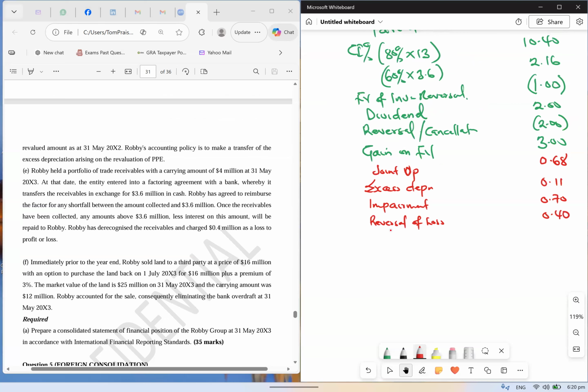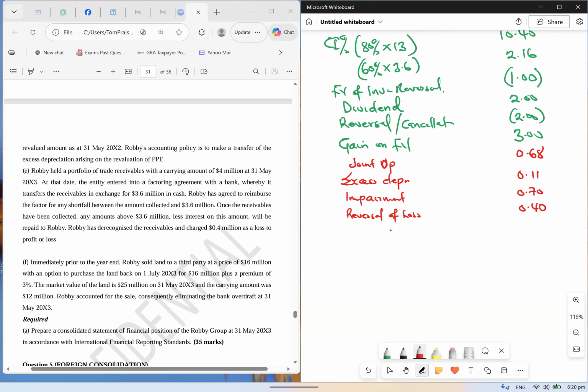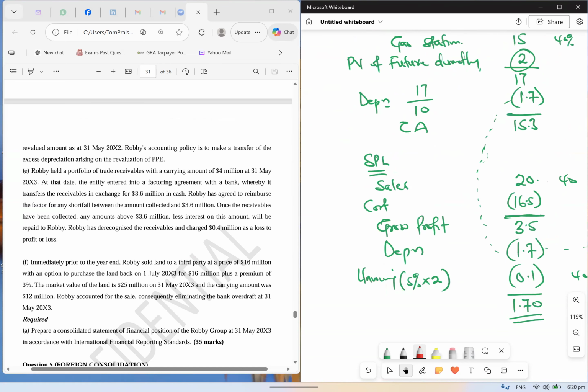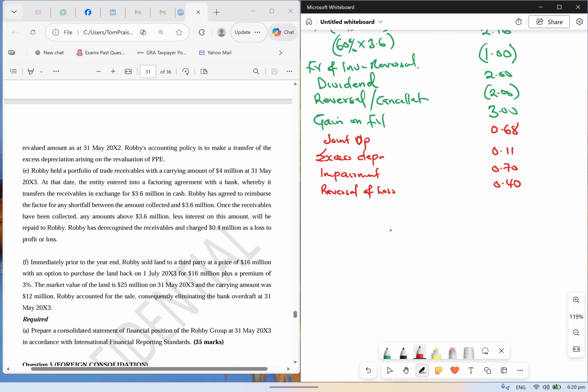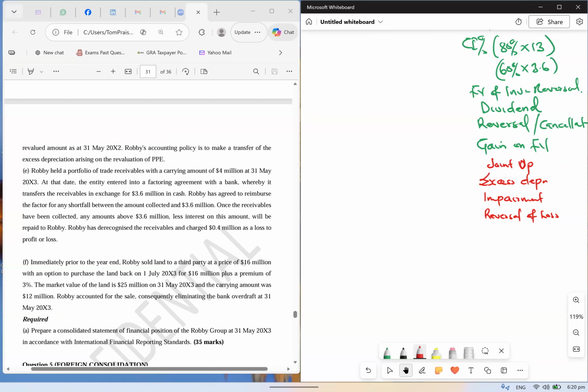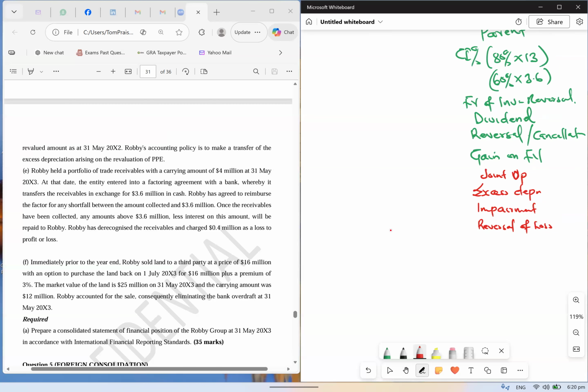All right. So basically, I think we are done with it. So everything has been done. So this one too, what we are going to do is a simple double entry. That will mean that the asset, you need to bring it back. The carrying amount of the asset is 12 million. Now, at the end of the year, the carrying amount is 12 million.